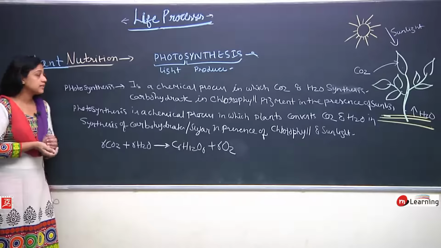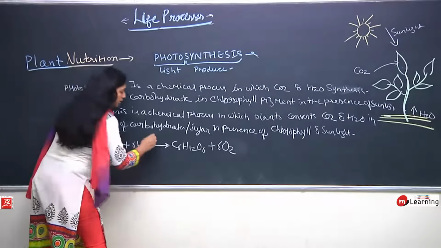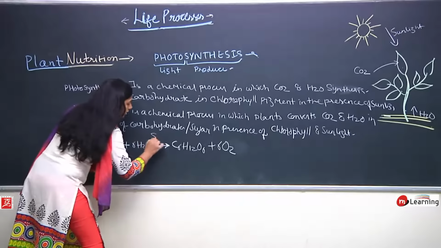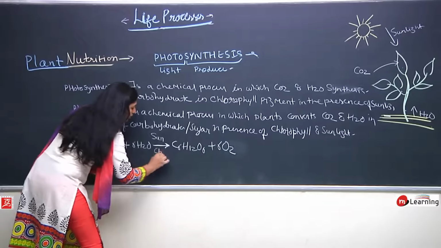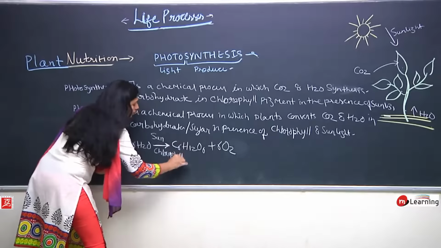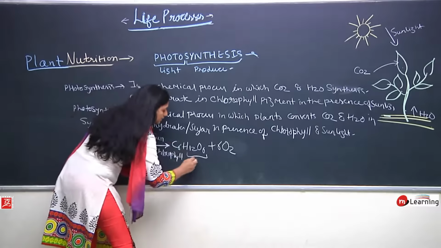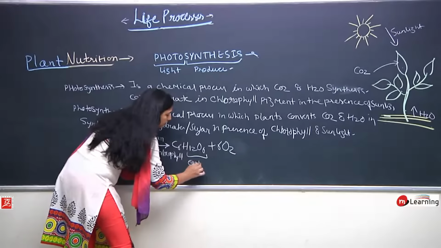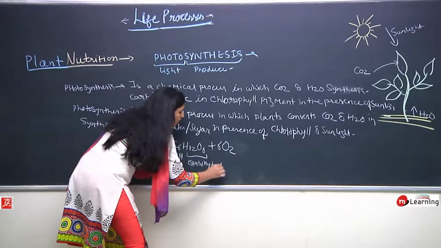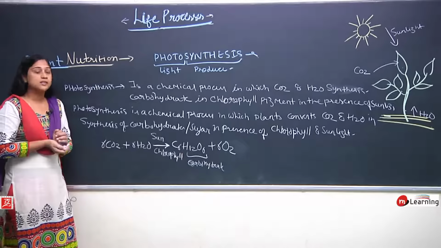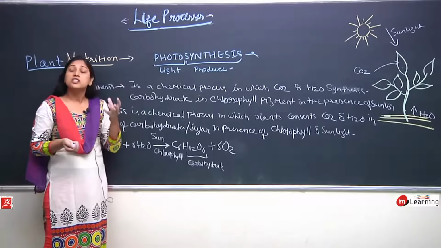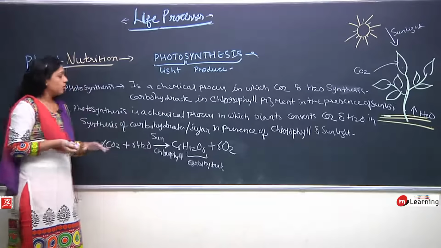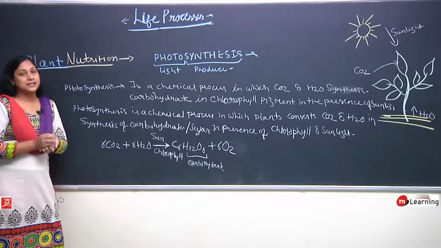In this process, there is a reaction going on in which carbon dioxide and water, in the presence of sun and chlorophyll, synthesize carbohydrate and release oxygen. So in the process of photosynthesis, the plant releases oxygen, which is very important for human beings who breathe in oxygen. Okay, so this is the process of photosynthesis.